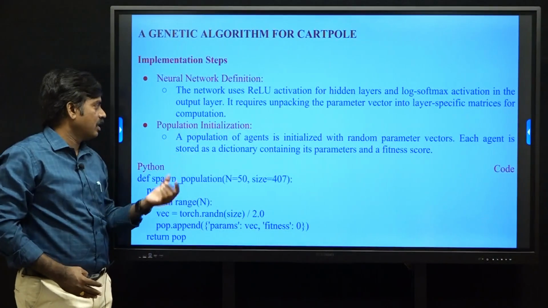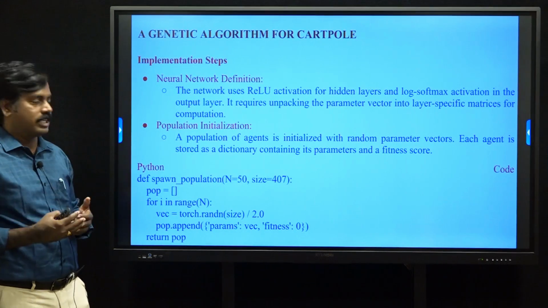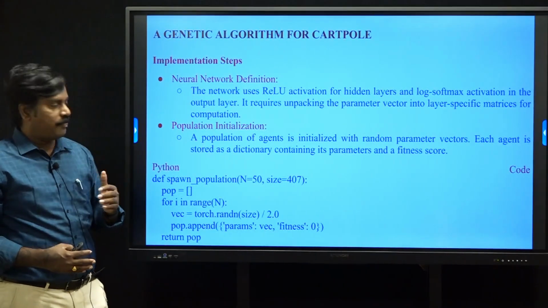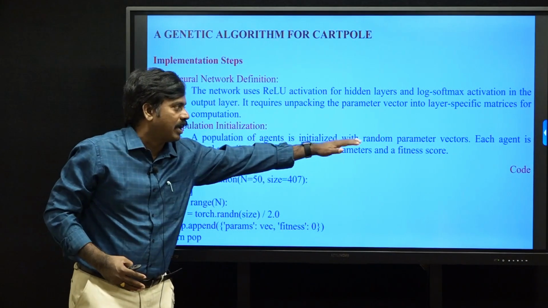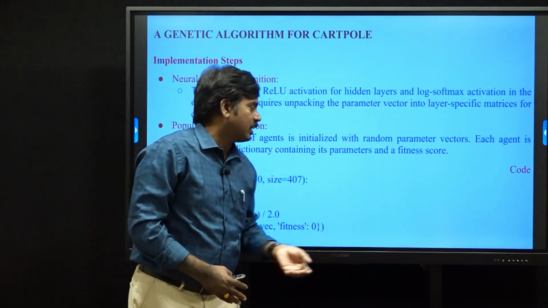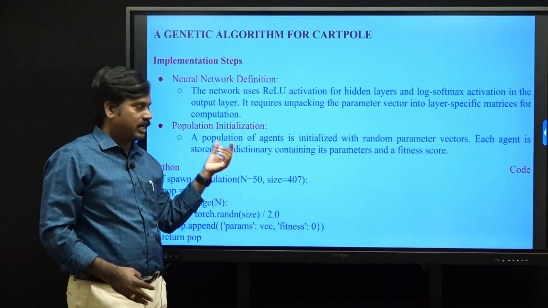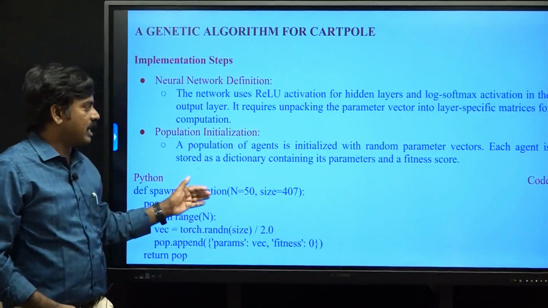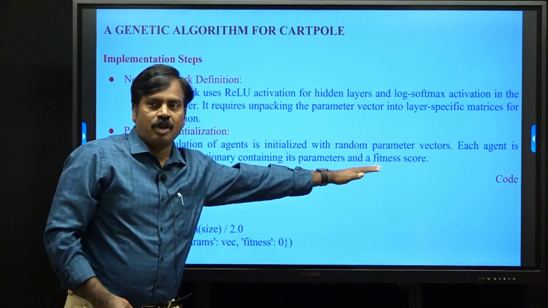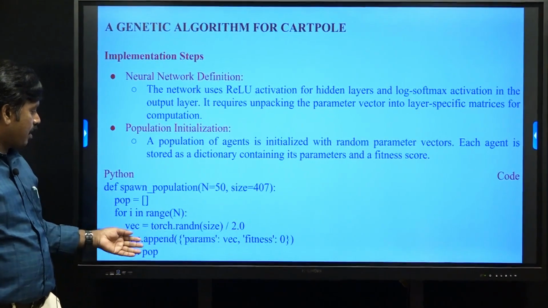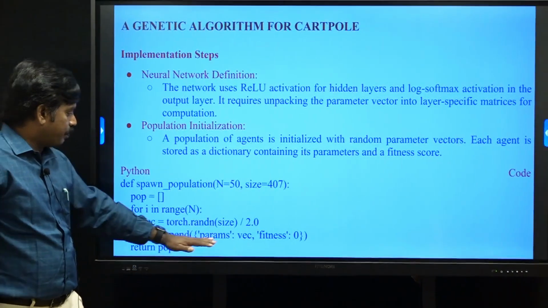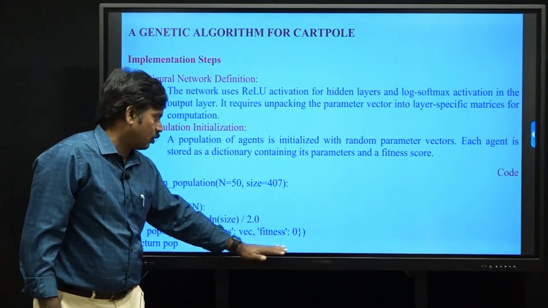Next is population initialization, the number of agents in the population. The population of agents is initialized with random parameter vectors. Each agent is stored as a dictionary containing the parameters and the fitness score.